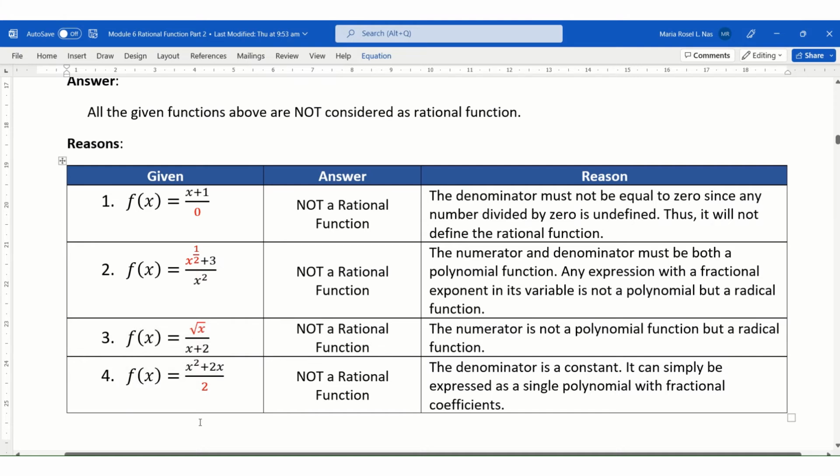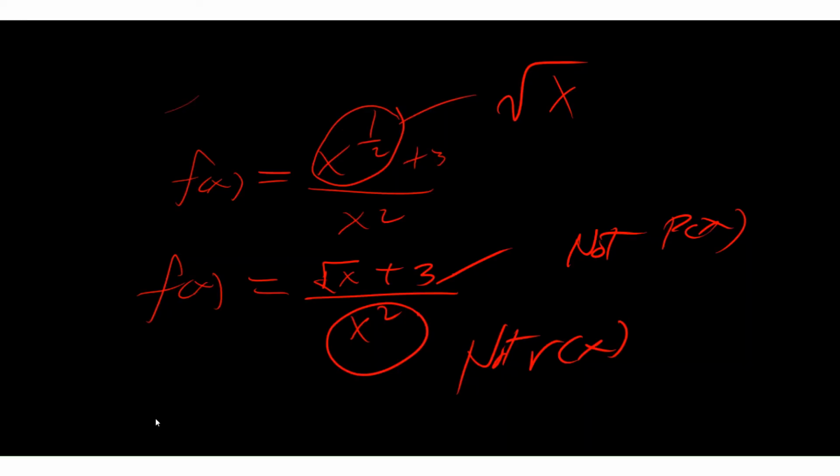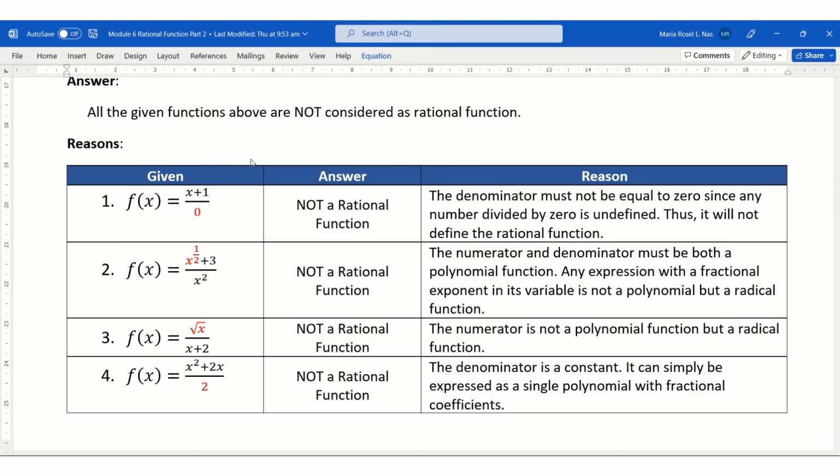For item number 4, x squared plus 2x divided by 2. This is not a rational function because yung nasa ilalim natin is a constant function. Kung i-simplify natin siya, given natin x squared plus 2x divided by 2. Kapag meron tayong constant function sa ilalim, although this is a polynomial constant function, di ba?